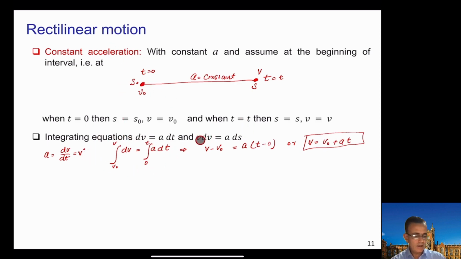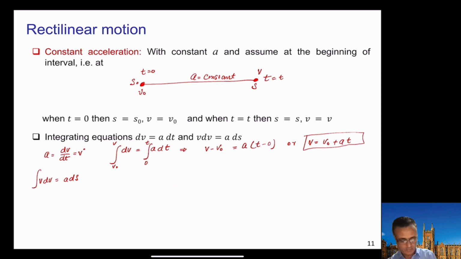Now again, we derived this equation on the previous slide, that v dv is equal to a ds. So if you take this equation and again integrate both sides, on the left hand side you are integrating with respect to dv, and on the right hand side you are integrating with respect to s.